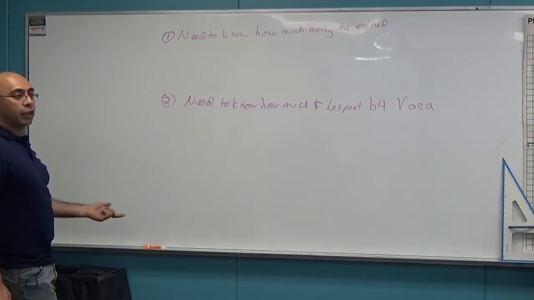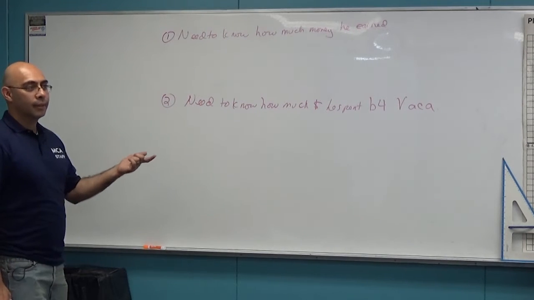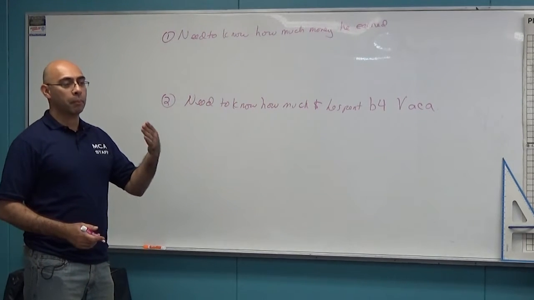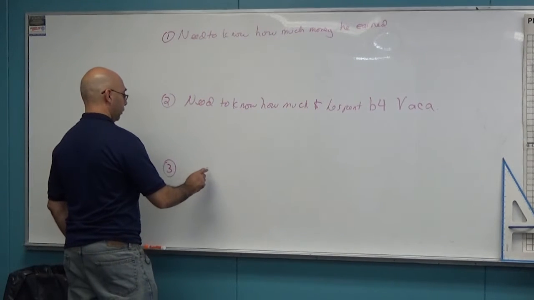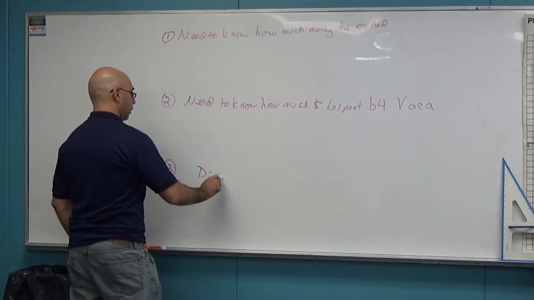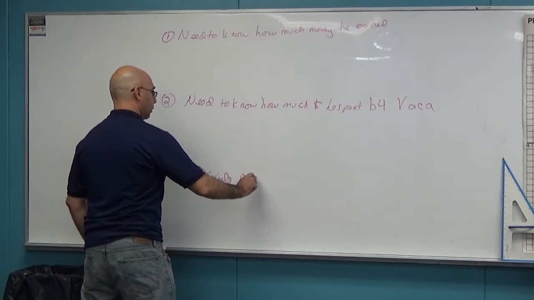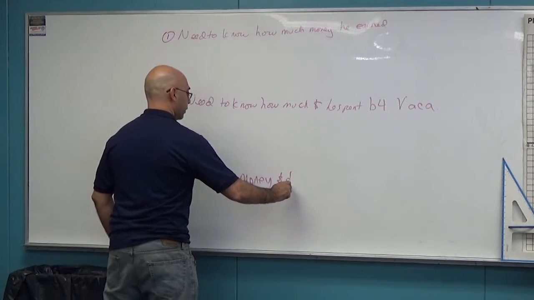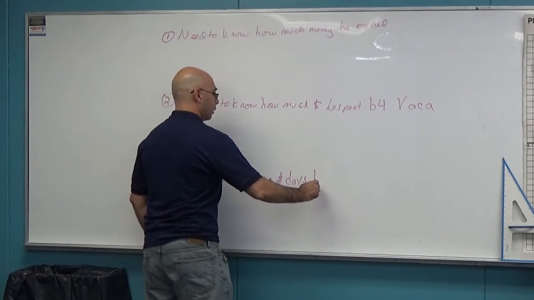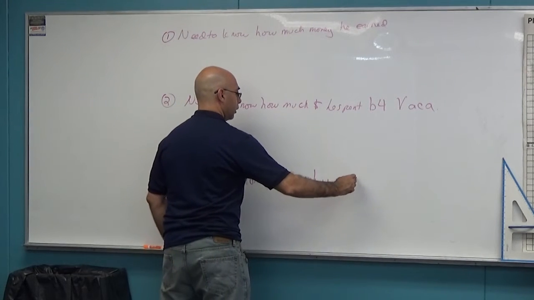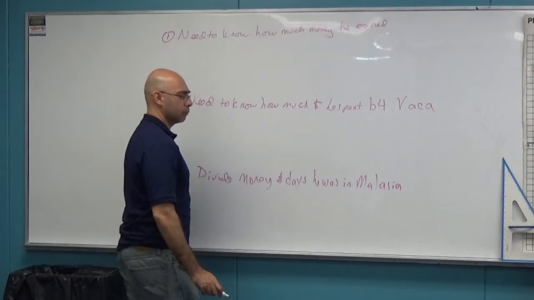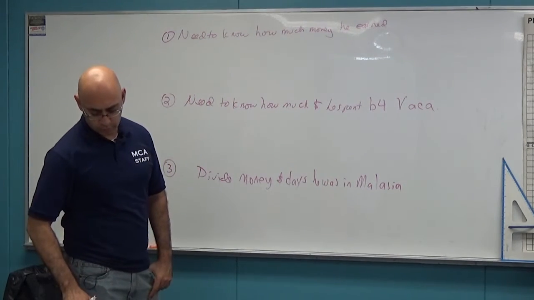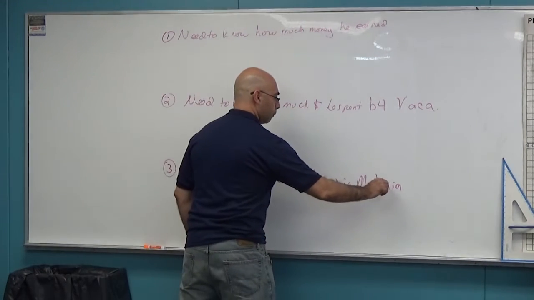And then how do I figure out how much he spent per day? Whatever money he has left, we just divide by the days he was in Malaysia.